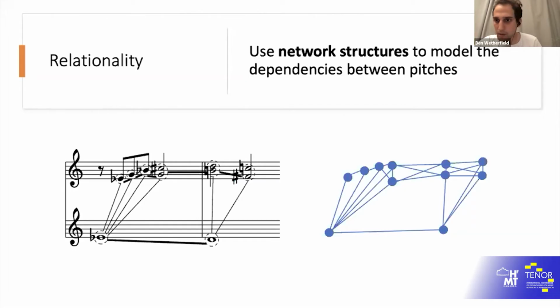So we've got this problem of relationships between pitches, and you can think of that as almost like a network structure, where the nodes are representing what will become note heads in your score, but are basically pitches.